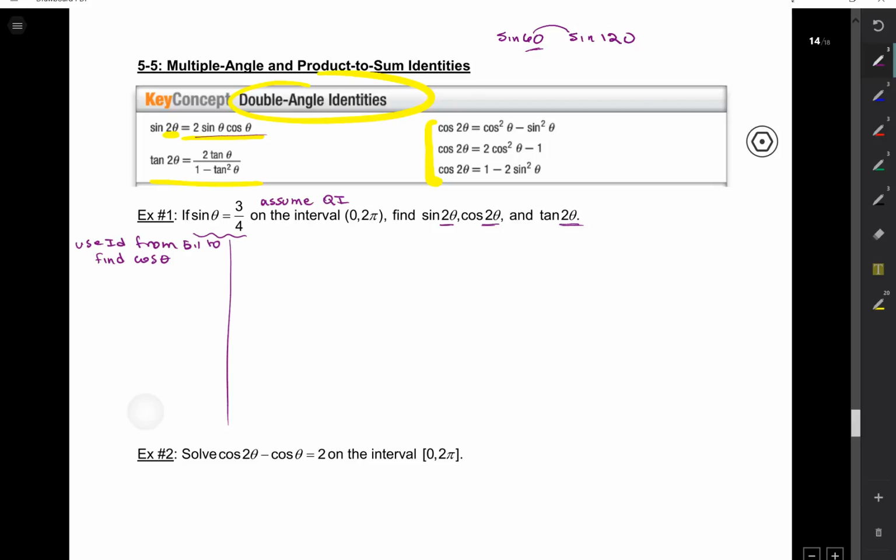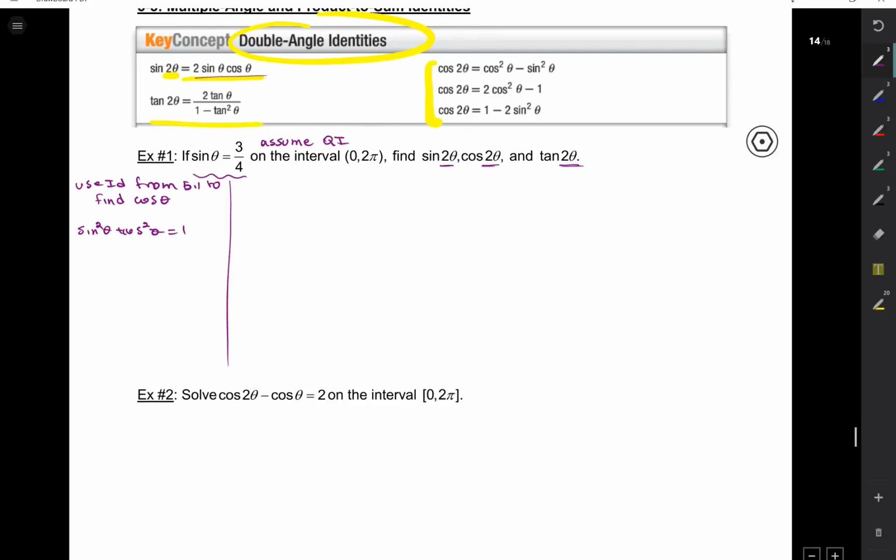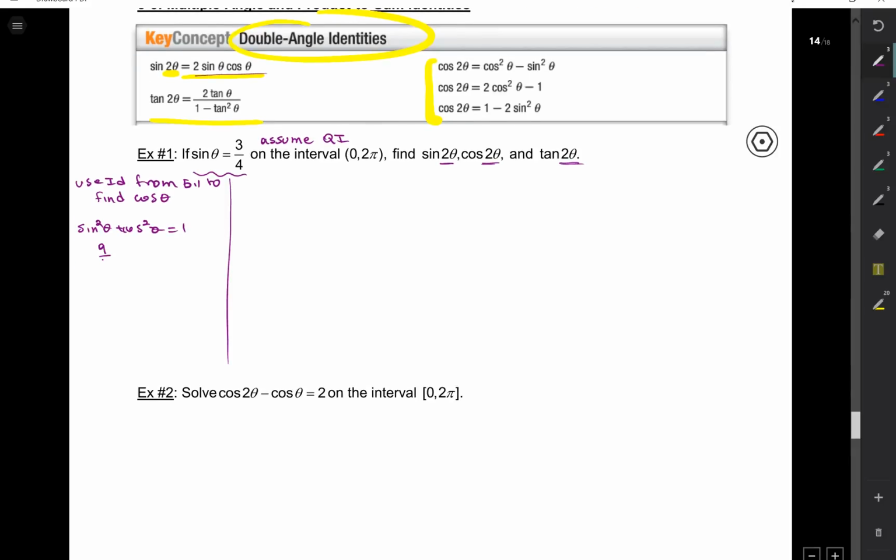And what is that identity in 5.1 that helps us find it? Sine squared theta plus cosine squared theta equals 1. And what's sine squared theta? 9 over 16, plus cosine squared theta equals 1.